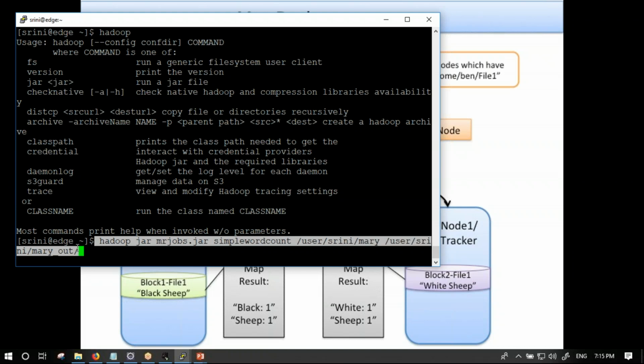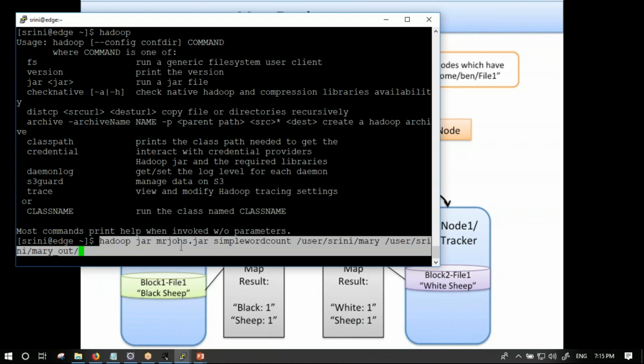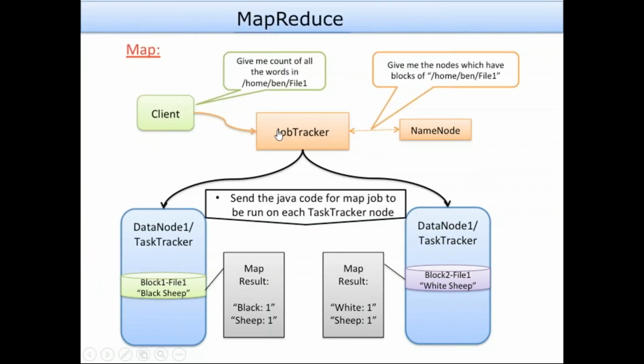When the job is submitted to the cluster, your job tracker is going to immediately talk to the name node to understand whether the given input path really exists or not.